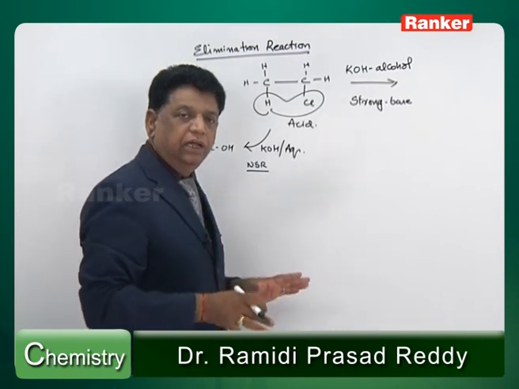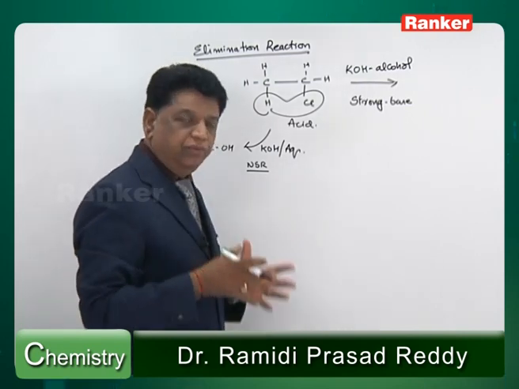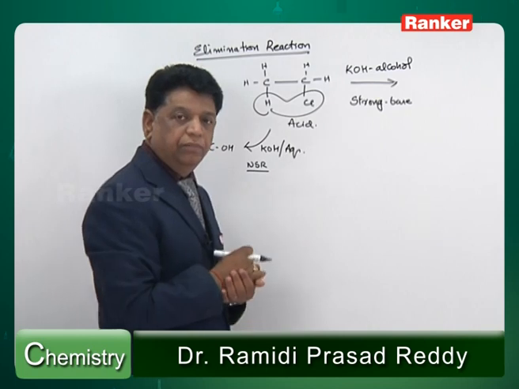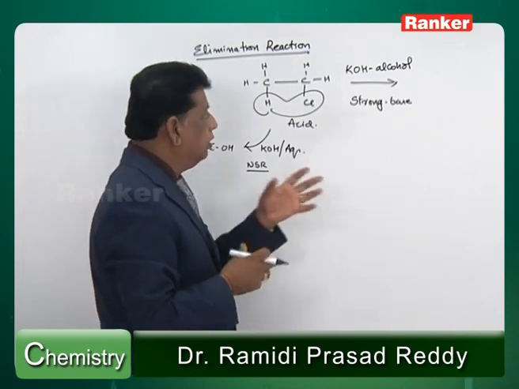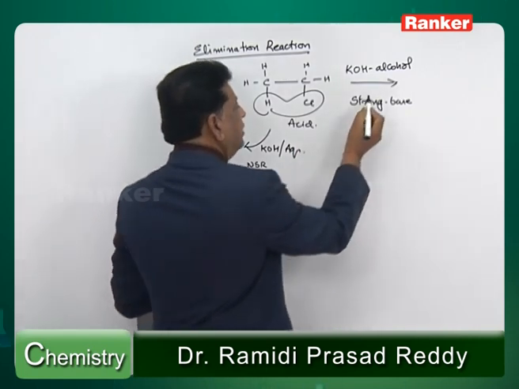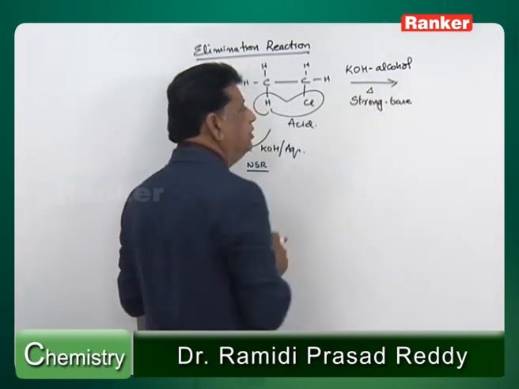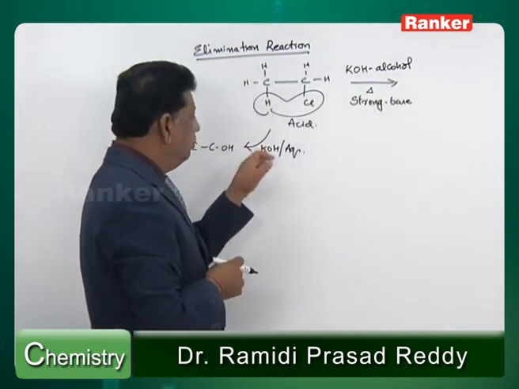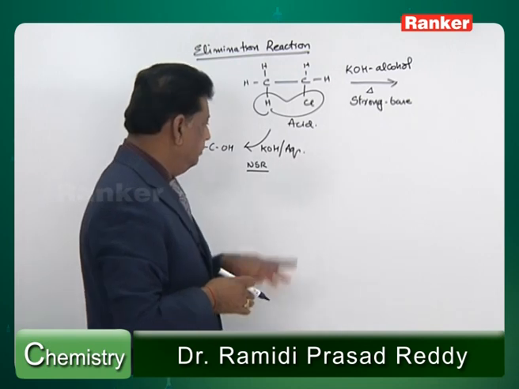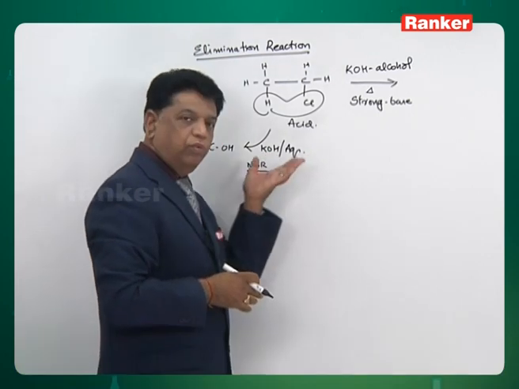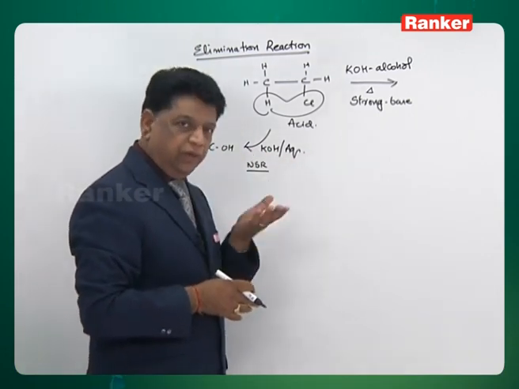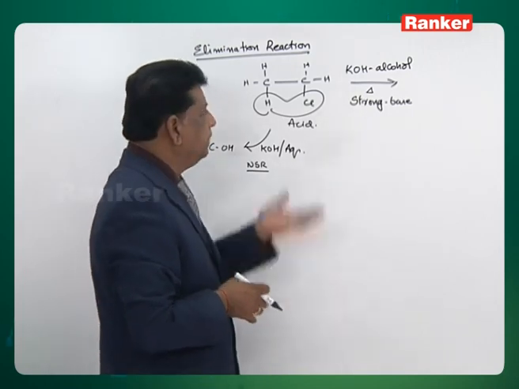KOH is available in the form of a solid, but we dissolve it in alcohol, prepare a solution of alcoholic alkali, then heat it for some time. This happens to be a stronger base than the KOH dissolved in water. Mathematically, the more water you add, the strength of the KOH goes on decreasing.